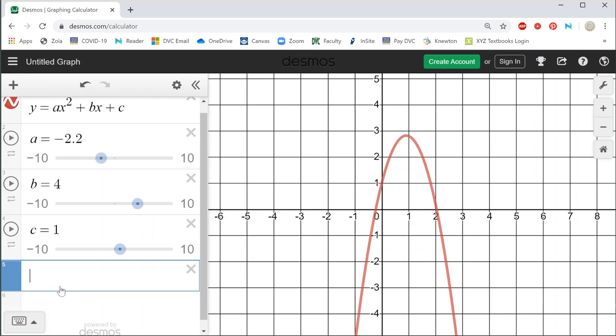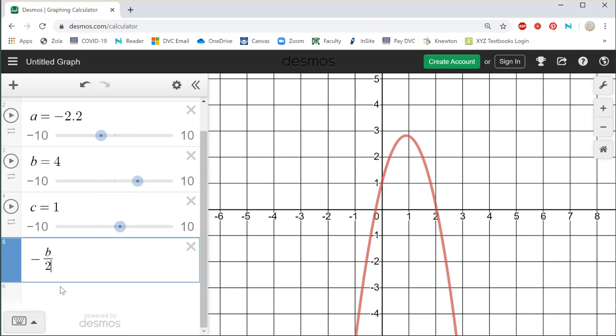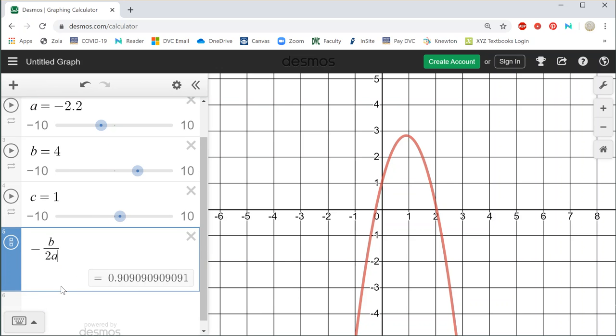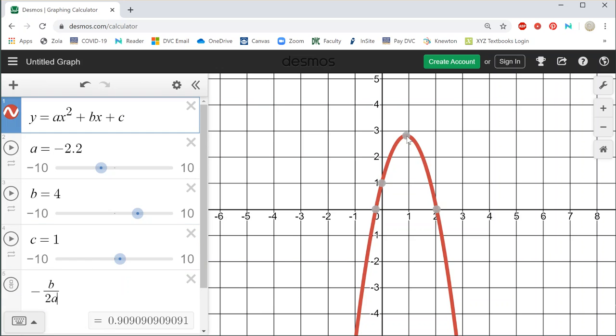Something really magical happens, and it's coming from the quadratic formula. In office hours, if you want to talk to me about why this formula works, I'm happy to do so. But right now, I'm going to give you this formula. Negative b divided by 2a. That turns out to always be the x-coordinate of my vertex.